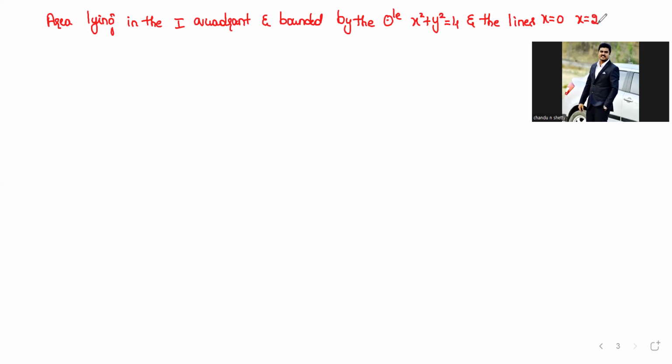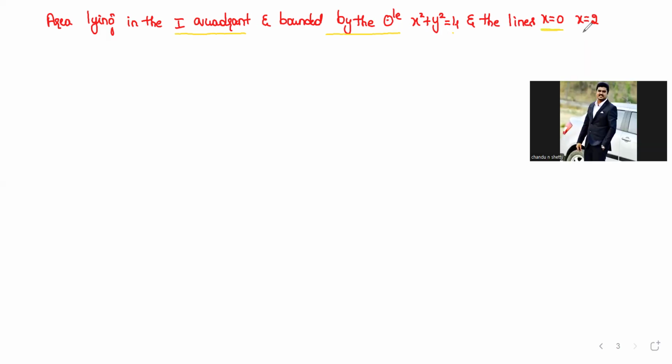So this question, clearly we should understand, we should find out the area in the first quadrant of the circle x square plus y square equal to 4, and they are given the two lines x equal to 0 and x equal to 2. Carefully we should solve it.